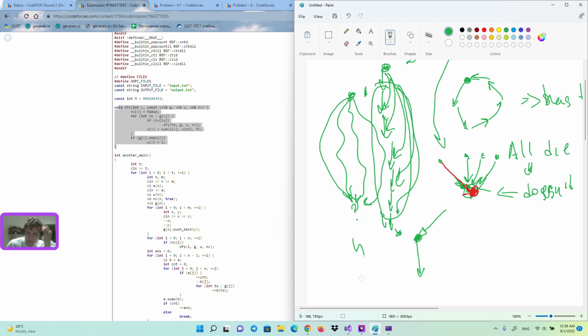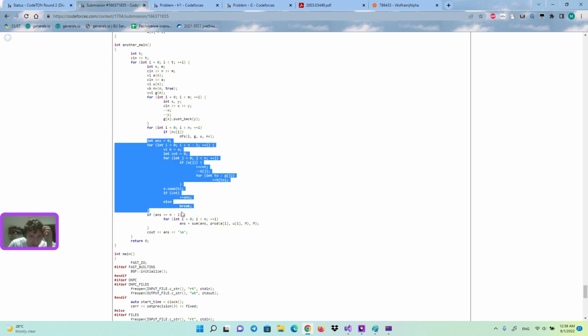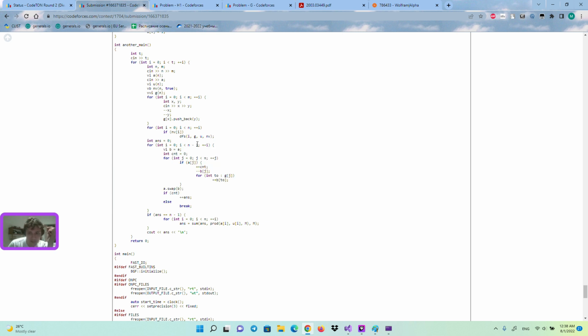So if there are n vertices, then it is n to the n minus second power. And this DFS just calculates the number of ways. And after that, I just simulated n minus 1 times.